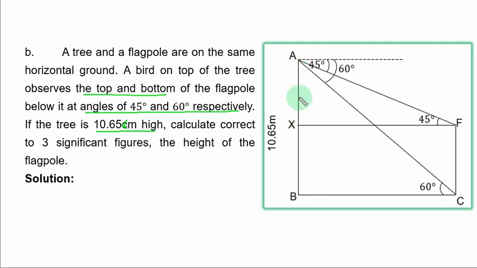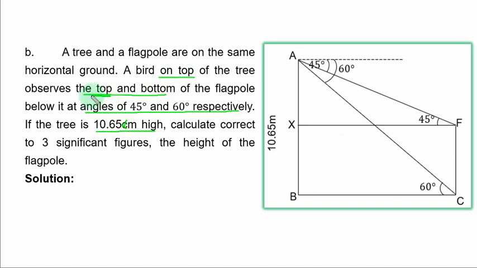So this is a tree. Of course, the flagpole is shorter for the bird on top of the tree to view the top and bottom. From the arrangement, the bird on top observes the top of the flagpole first.